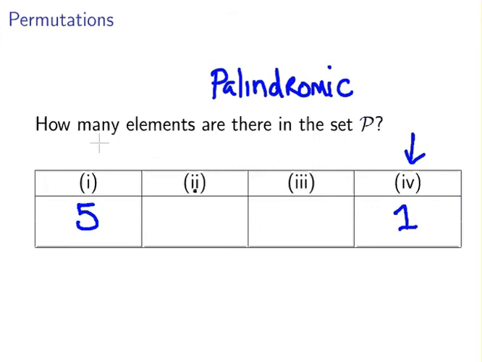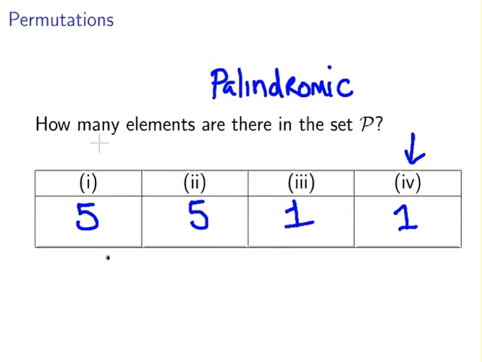How many elements are there? Okay, so how many select options do we have for the second selection? Well, again, we have 5. We could pick any of the 5 letters. But just as it was the case for the first selection and the last selection, we are now limited to one and only one option for the third selection.